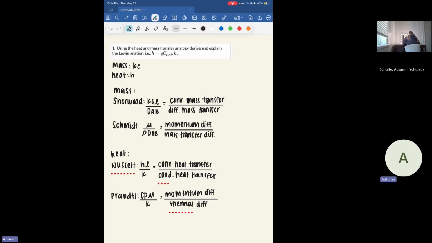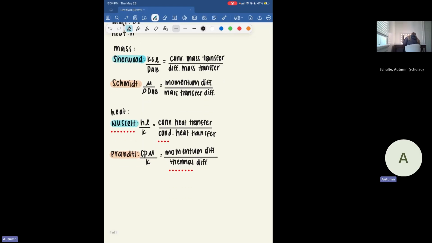Now just taking a look at these different dimensionless numbers, we can see that the Sherwood number and the Nusselt number appear to have some sort of relation, as well as the Schmidt number and the Prandtl number. We can mainly note that by seeing that the Sherwood number deals with transfer and the Schmidt and Prandtl number deal with diffusivity.